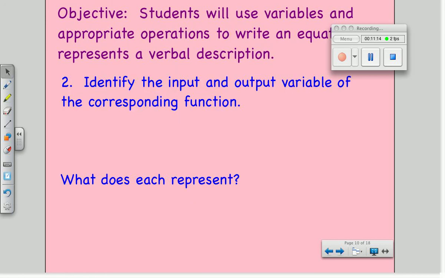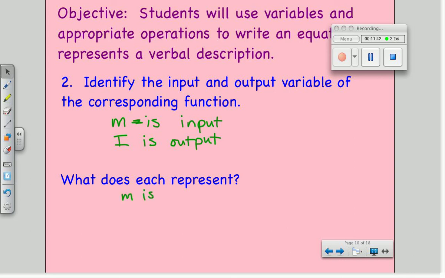But now you do have to write number 2. Identify the input and output variable of the corresponding function. M is the input, I is the output on the previous screen. So what does that each represent?